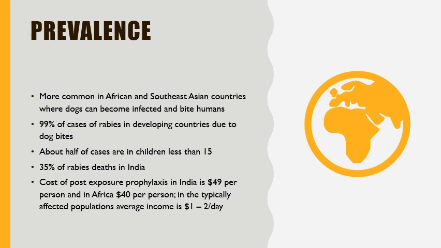The cost in India is $49 per person for post-exposure prophylaxis. In Africa, it's $40 per person. And the issue is that in these populations, the average income is $1 to $2 per day. So the question arises of how these people are going to be able to pay for treatment when they're already bitten. This is why you see those high numbers of deaths, and probably higher than we know.